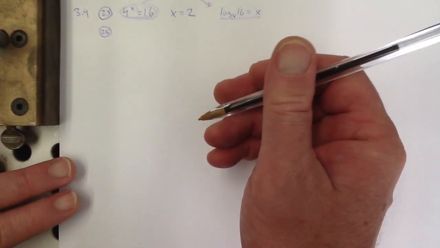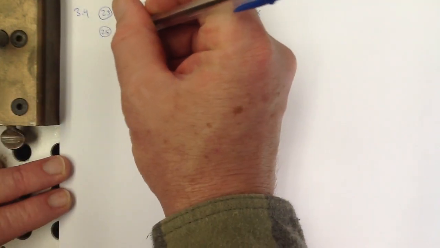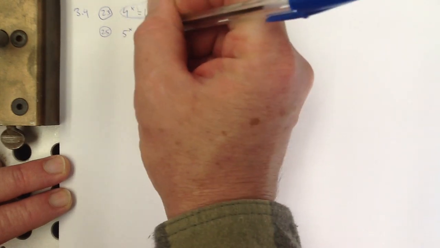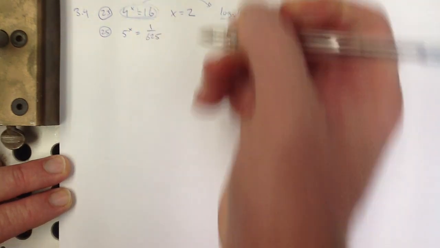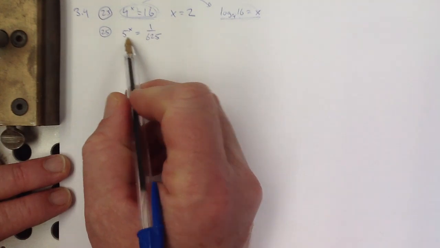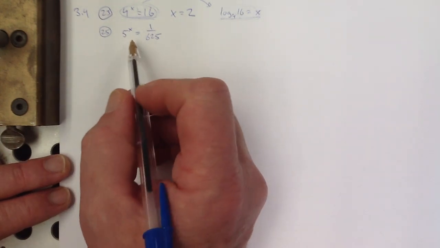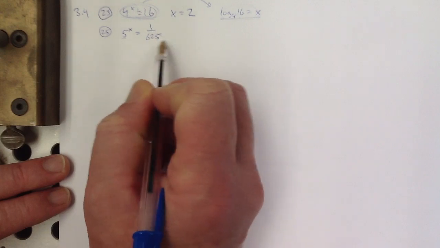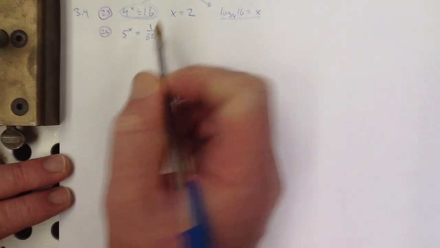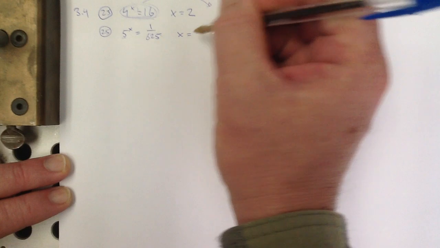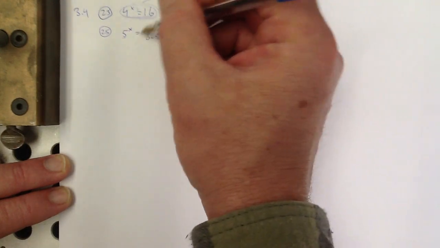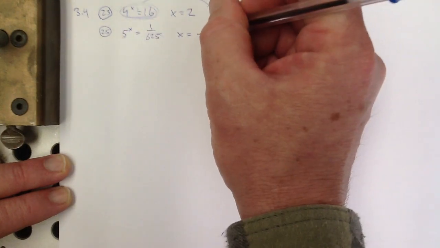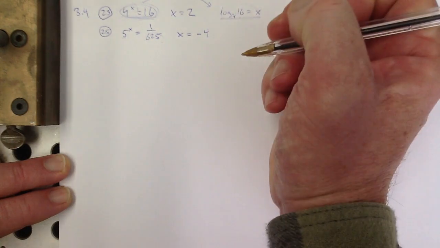So, same thing, I think, in 25. It's not a bad idea, got to know your basic powers. 625 is a power of 5. It's 5 to the 4th power. Now this got flipped over, so that means that 5 got raised to the negative 4 power.